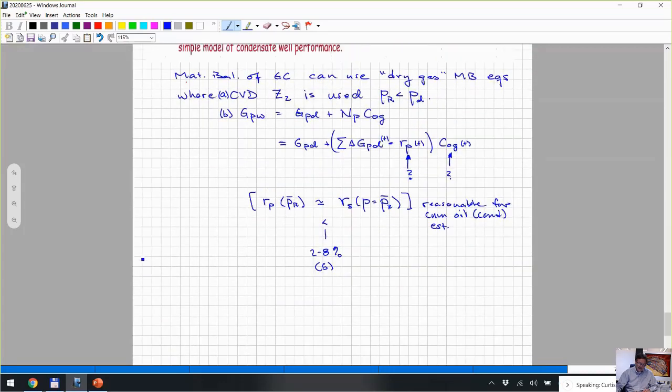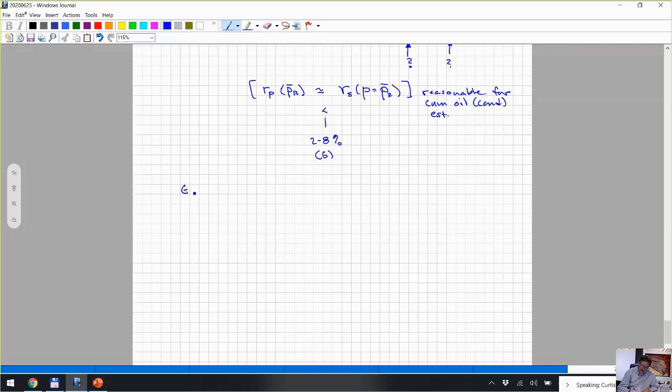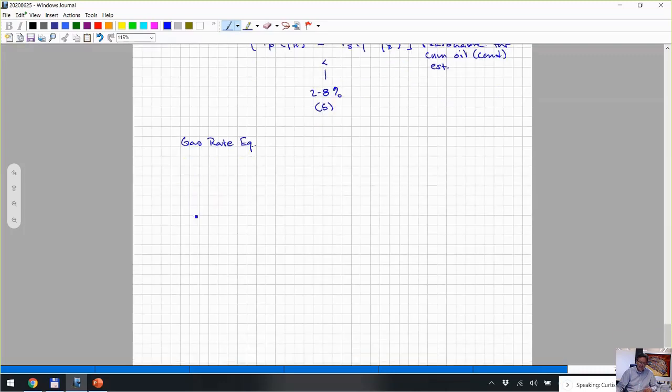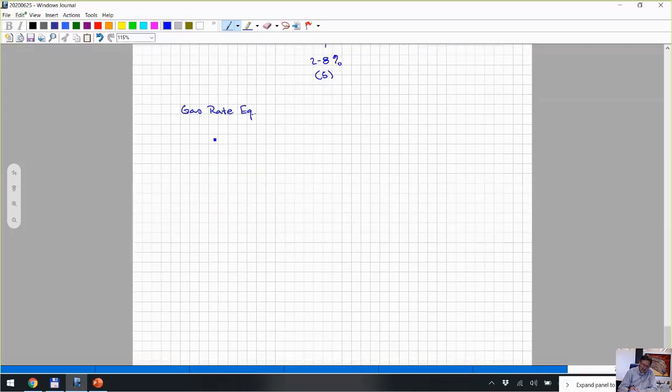So that's material balance. So for the gas rate equation, you should use this QG, what we've been talking about, C, and this integral.